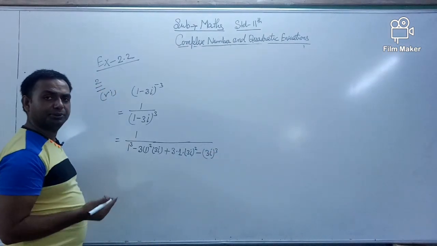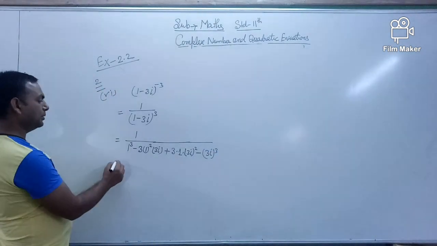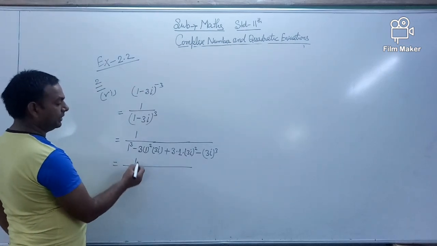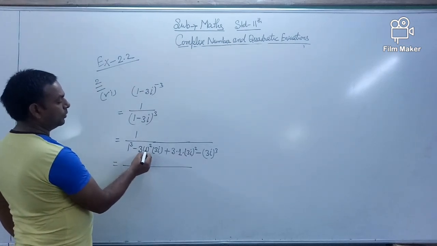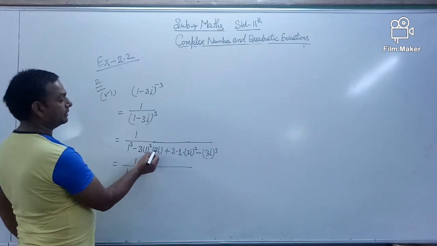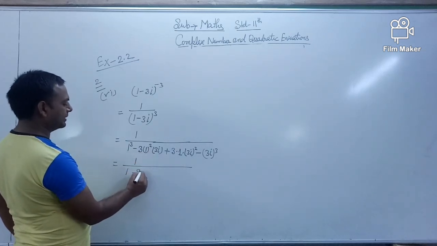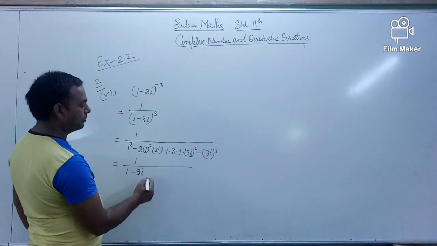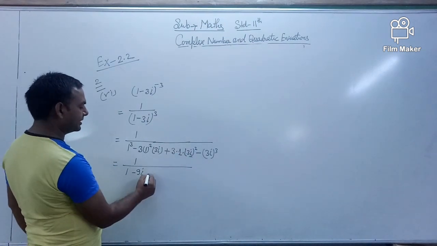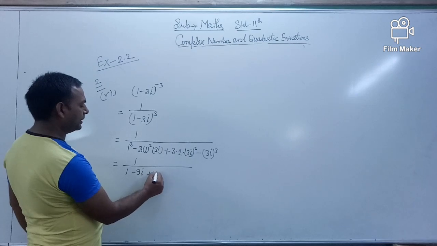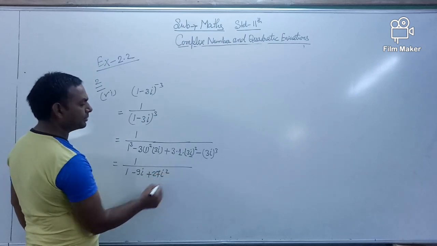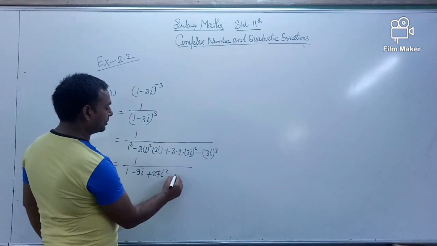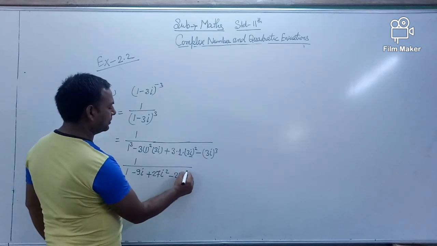Okay, according to the formula (a - b) whole cube. 1 upon 1 cube is 1, minus 3 into 1 square, it means 1, 3 threes are 9, so minus 9i. Here you see i square is equal to minus 1, so 3 threes are 9, 3 nines are 27i square. Next minus 3 threes are 9, 3 nines are 27i cube.